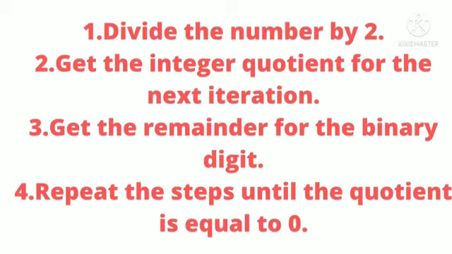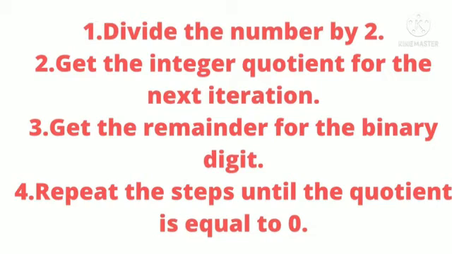The base of binary is 2, and the base of a decimal number is 10. So whatever decimal value it is, we will keep on dividing it by 2 and we will write the quotient at the bottom and the remainder on the right side, until we get the answer 0.